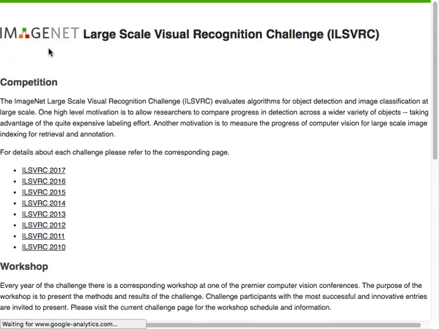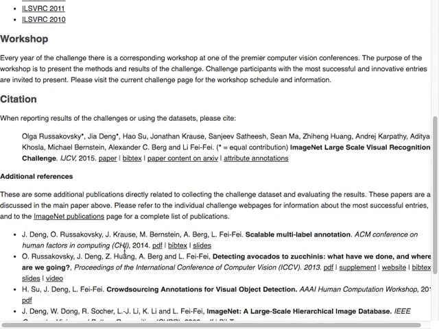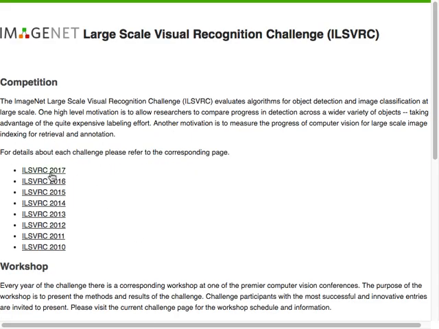They have the ImageNet competition like this, and deep learning has been taking the first rank all the time for about 5 or 6 years already, and made people very excited about deep learning.